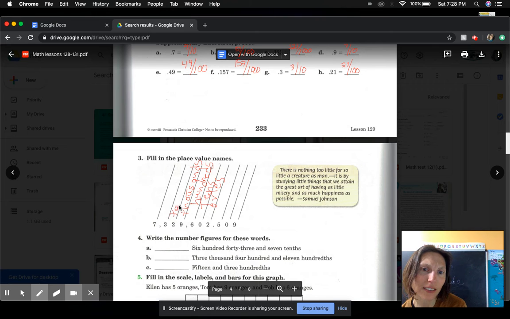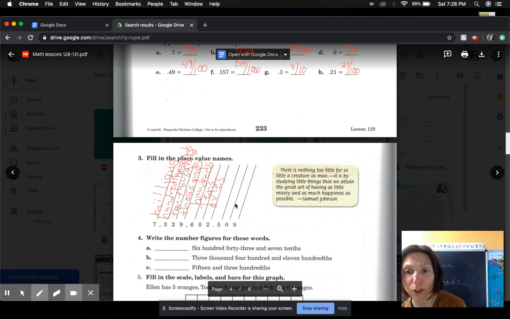10,000s. 100,000s. Millions. And then now we need to go to the right of the decimal.